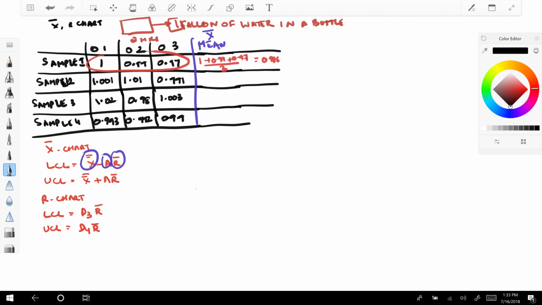Similarly, if we take the average of these three, which is 1.001 plus 1.01 plus 0.991 divided by 3, we will get 1. For sample 3, we take the average of these three and get 1.0001.